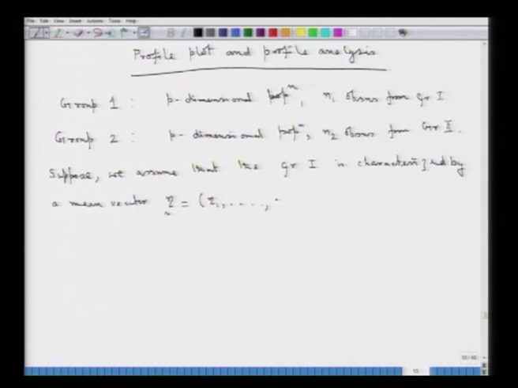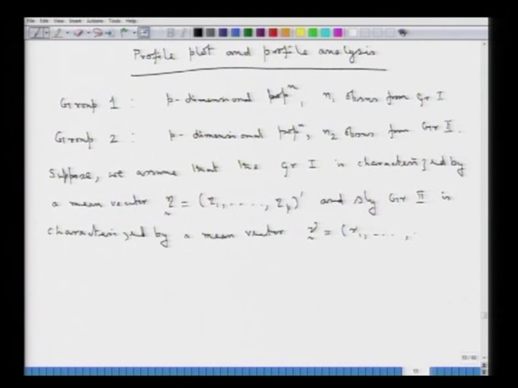It is a p dimensional population, and hence this is eta 1, eta 2, eta p. And similarly group 2 is characterized by a mean vector given by, say, nu, equal to nu 1, nu 2, nu p. So these are the two mean vectors characterizing these two populations.